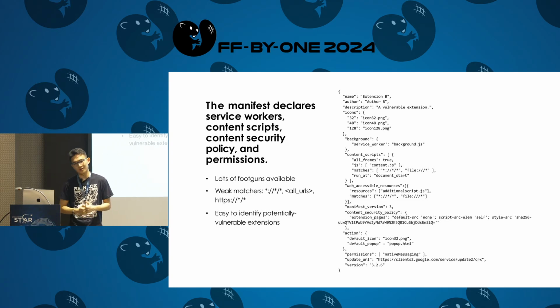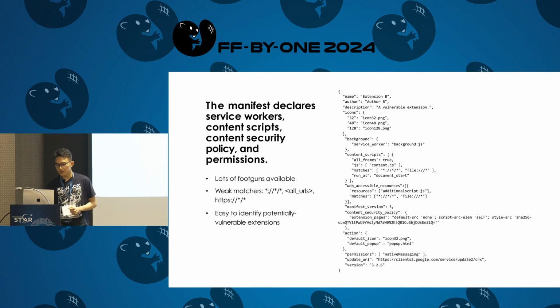But what I've seen is that a lot of developers just don't care, and they set it as either all URLs, or they have wildcard matches so it appears in every single page. But the great thing about all of this is that it makes it really easy for you to identify potentially vulnerable extensions, because you have this starting point where you parse all the manifests to figure out if it may be something you want to dig into a little bit.